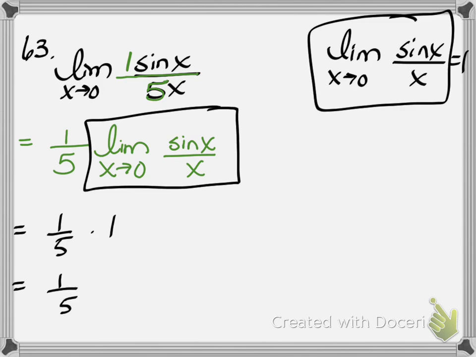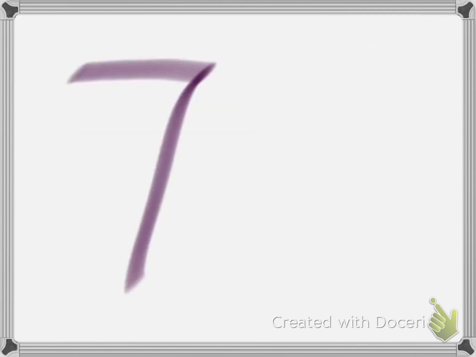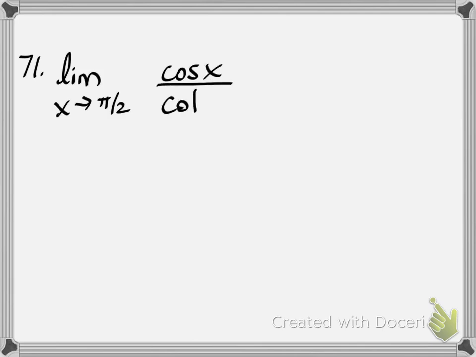All right, the very last one you asked for was 71. I have not worked this one in a while. Let's see what it does. Limit as x approaches pi over 2 of cosine x over cotangent x.